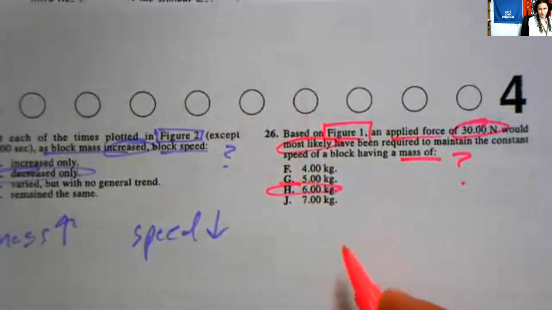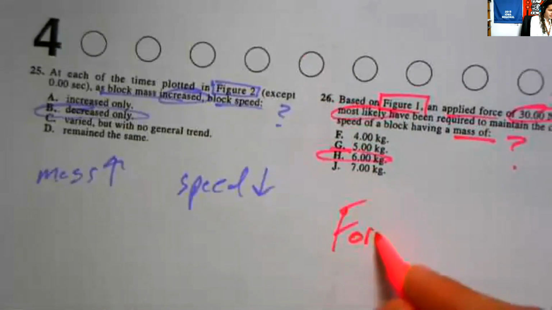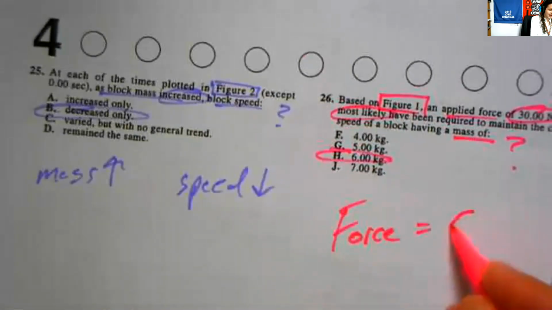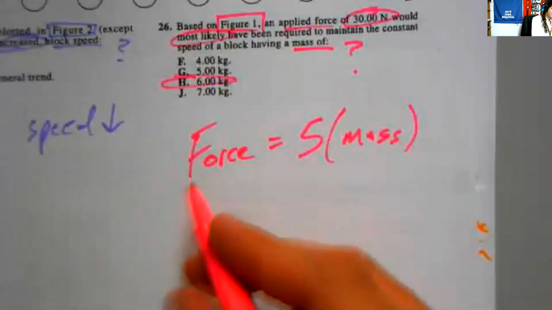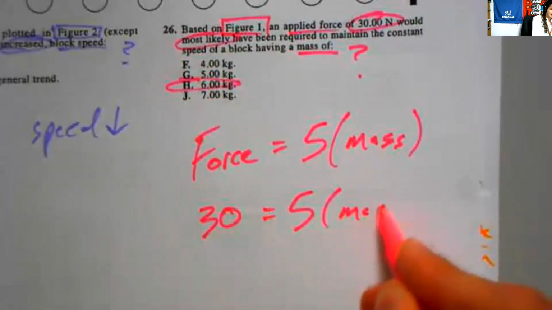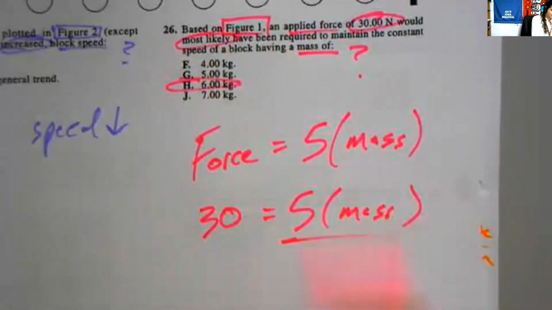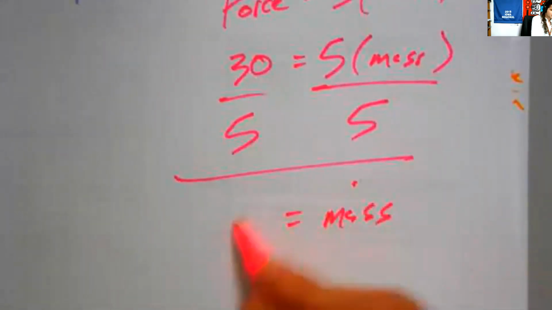You had that equation earlier. What was that equation we got earlier? Force equals 5 times mass. If you put in there force equals 30, 5 times mass, and solved for mass, you'd find that your mass equals 6.